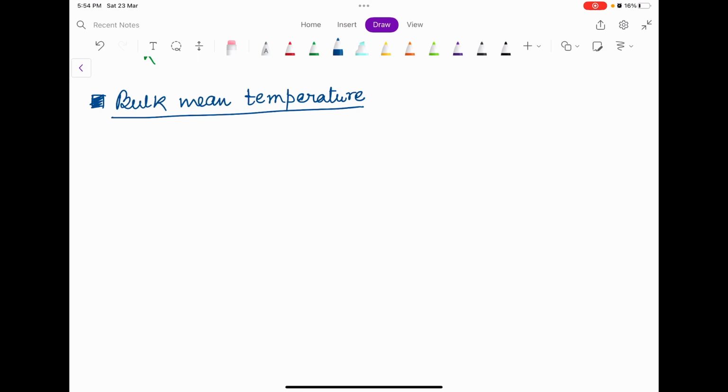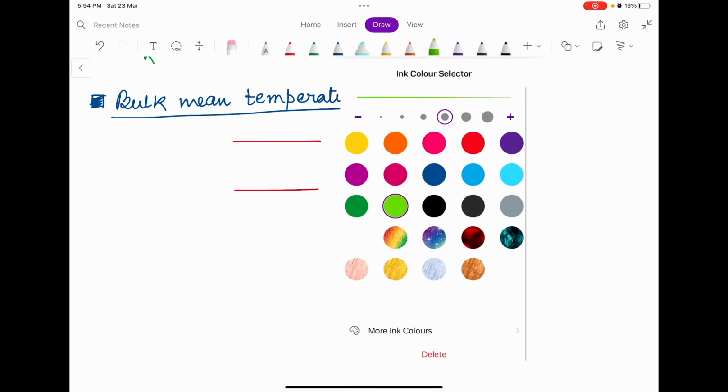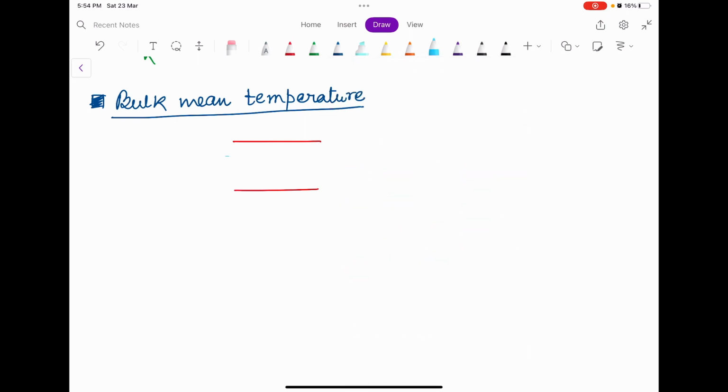So you see that in a pipe the fluid is flowing like this, and it is carrying some enthalpy, right? It is carrying some enthalpy.